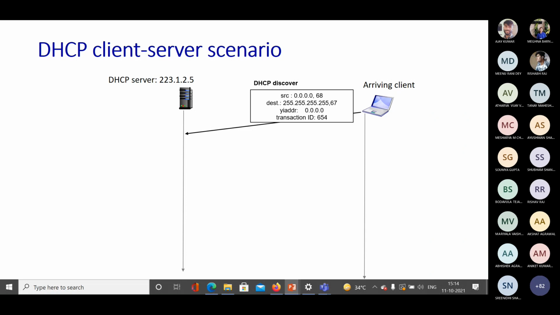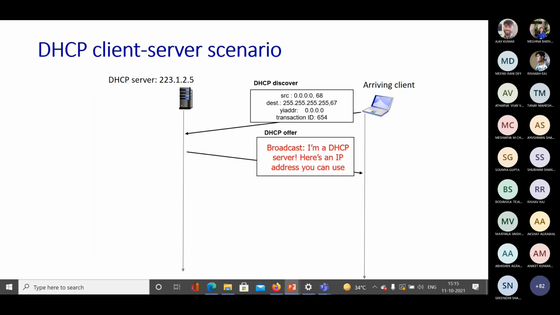Okay. Now these are the addresses. It is saying that this is the address that I have currently, I want an address, and this is the corresponding transaction ID. Alright. Now the server will send a DHCP offer. So what is happening here?